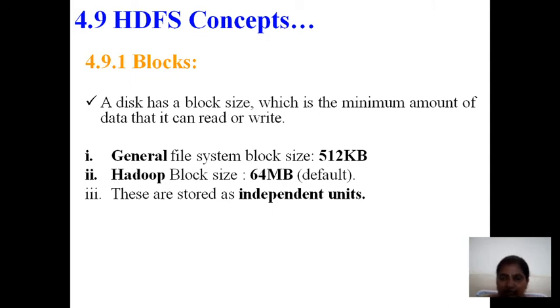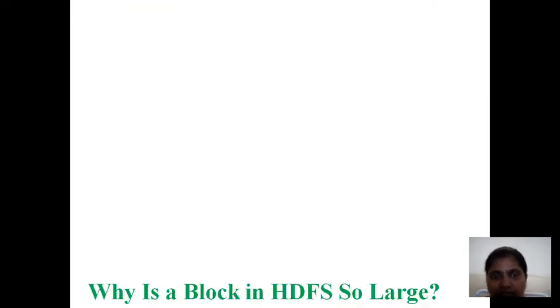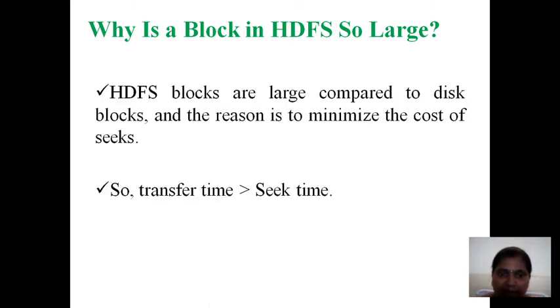In order to overcome that, they are going to store a big block in one place, so that we can easily trace it as one big block and get access. Why is a block in HDFS so large? I repeat, because the transfer time is greater than the seek time. Getting 512 KB of data for 1 GB, if you divide that, how many splits do you have to get from the hard disk?